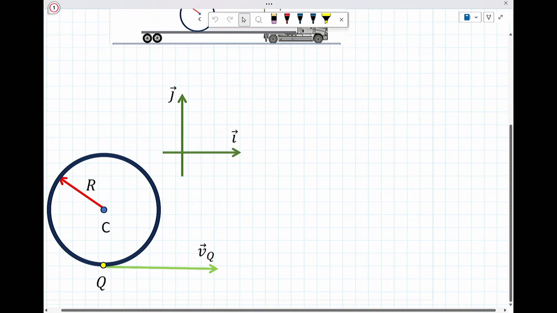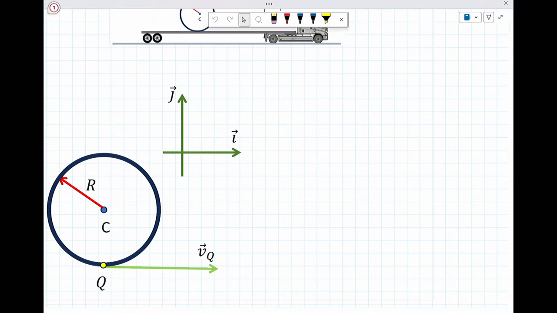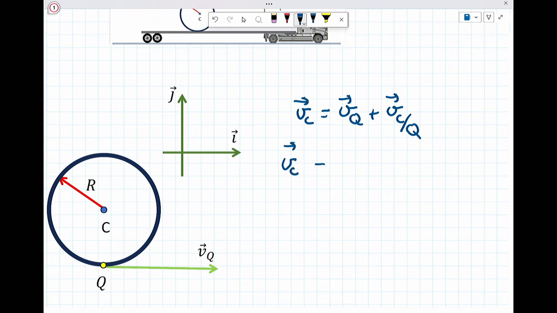Okay. So again, it's really important that as you solve these problems, you write out what you have and all the terms that you have. So if you do that, you can say velocity of C is equal to velocity of Q plus velocity of C relative to Q. I've got C, I've got Q, everything is aligned.